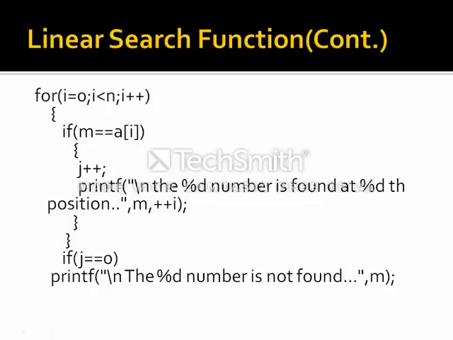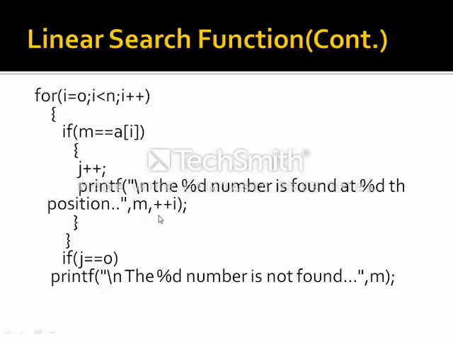And we will compare our key value. Here I have written it as m, whether it is equal to a of i, that is 57 equals to a of 0. Now we have seen that it was not the case, but if it was the case, then what would happen? I will make j plus plus, and the number is found at location m plus plus i.